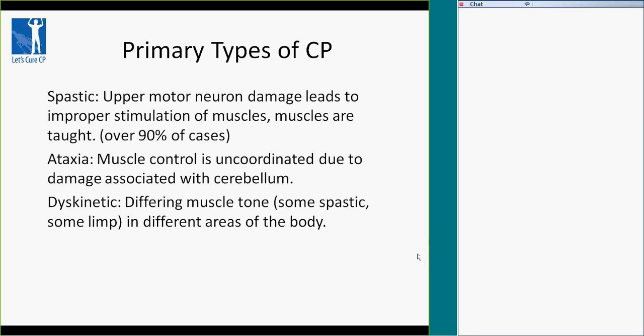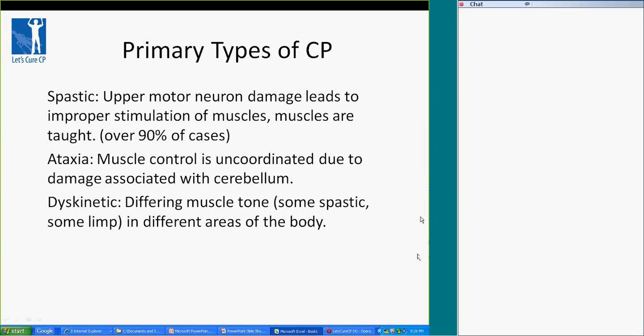The other more rare cases, you see ataxia, which is uncoordinated muscle control. That's due to damage in the cerebellum, which has two lobes, a structure just below what most people think of as the brain, right at the back. And the cerebellum is really for fine-tuning muscle control.